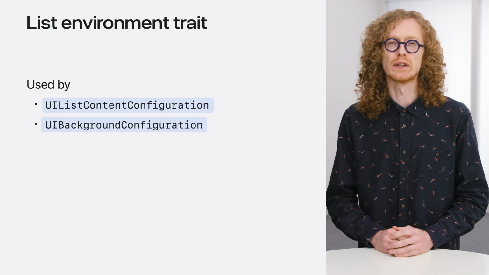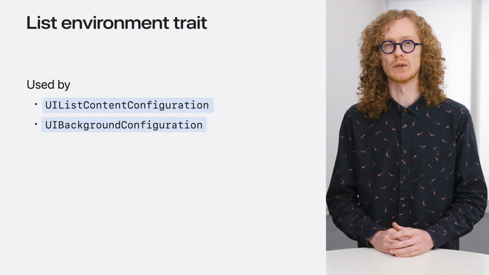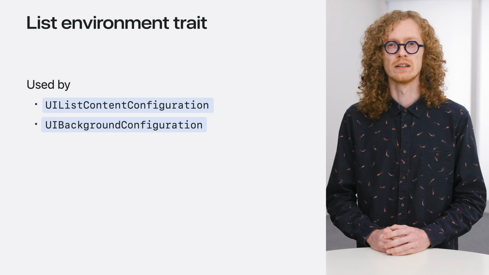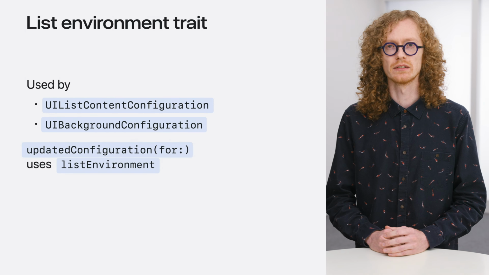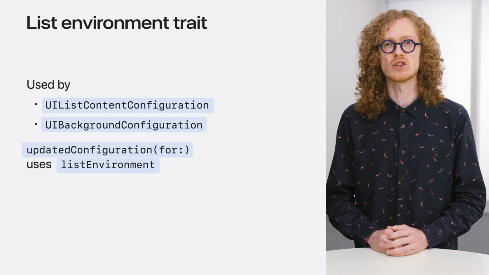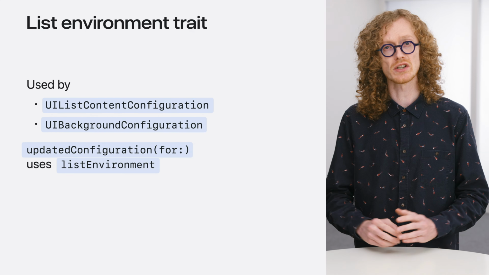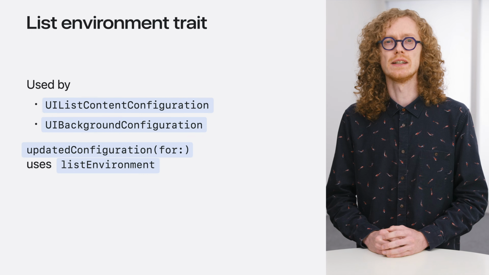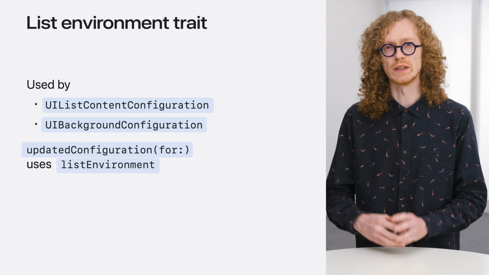UIListContentConfiguration and UIBackgroundConfiguration now take advantage of this new trait. When updated for a new state, they adjust their properties to match the list environment from the configuration state's trait collection. This removes the need to know the style of the list when configuring a cell.